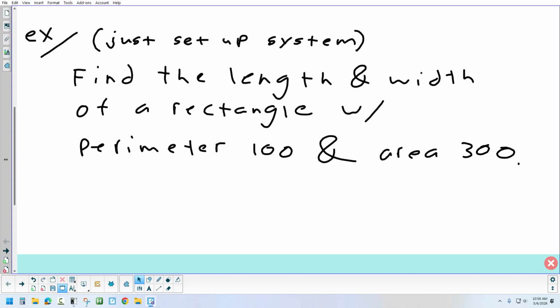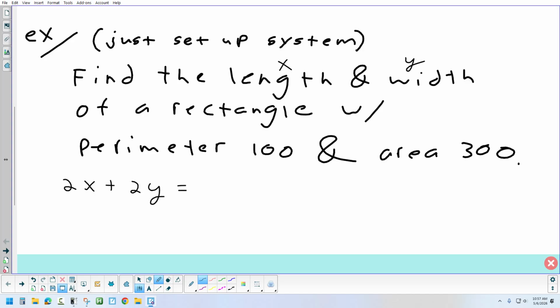What do the x and the y represent? One's the left, one's the right. Okay, so we could do it that way. So let's do x and y. Specifically for a rectangle, the perimeter is 2 of the lengths plus 2 of the widths. So 2x plus 2y.